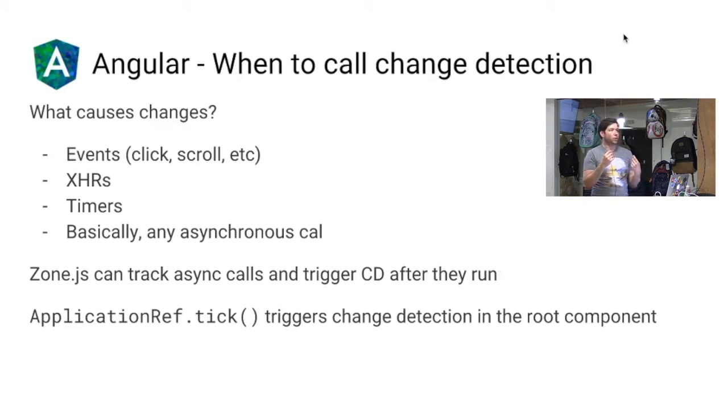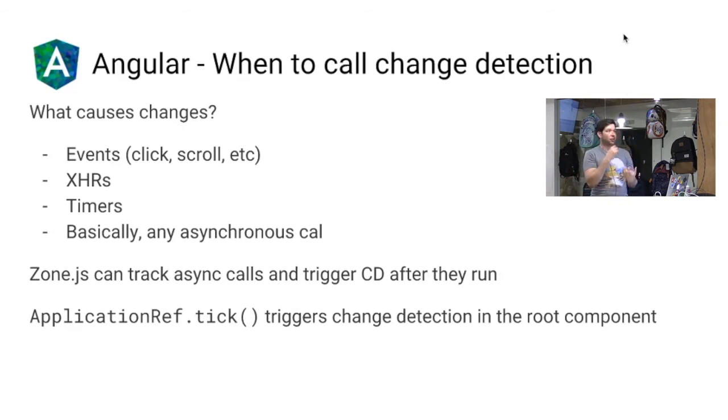Angular uses a tool called ZoneJS, which sort of patches everything that can do an asynchronous call in the browser, which is crazy when you think about it, but they do that. So that whenever your application makes any asynchronous call at all, Angular knows that you've done that, and that when that callback fires, it needs to run change detection.